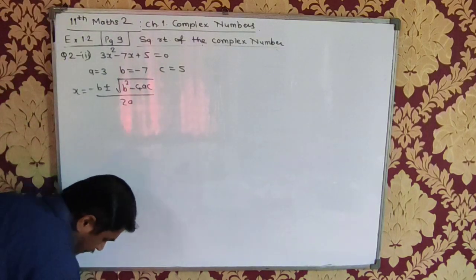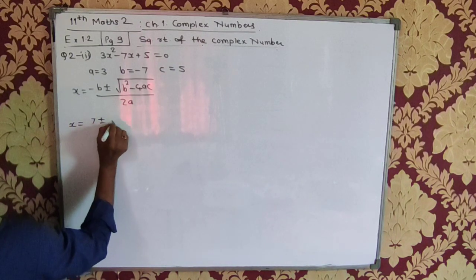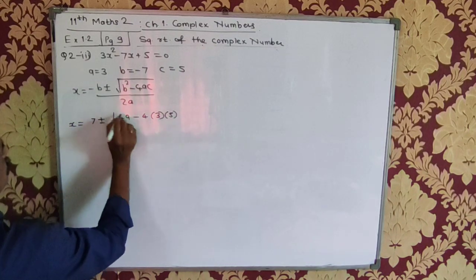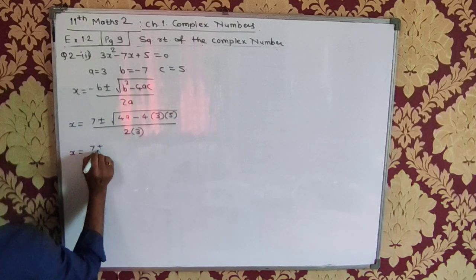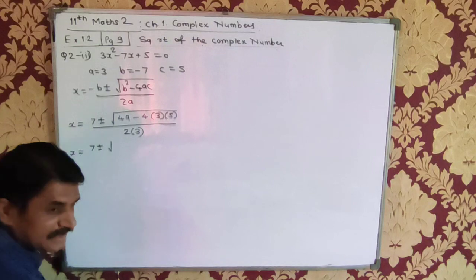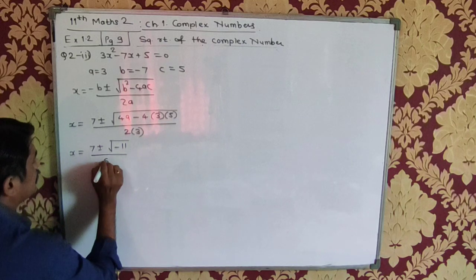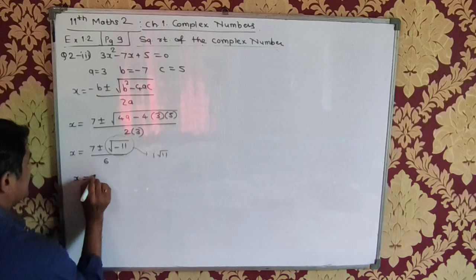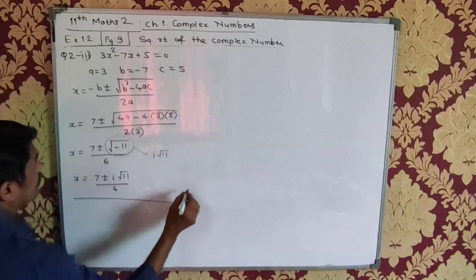What will we get? x is equal to 7 plus or minus square root of 49 minus 4 into 3 into 5, upon 2 into 3. So x is equal to 7 plus or minus square root of 49 minus 60, which is minus 11, upon 6, and this will be written as i root 11. So x is equal to 7 plus or minus i root 11 upon 6 is the answer.